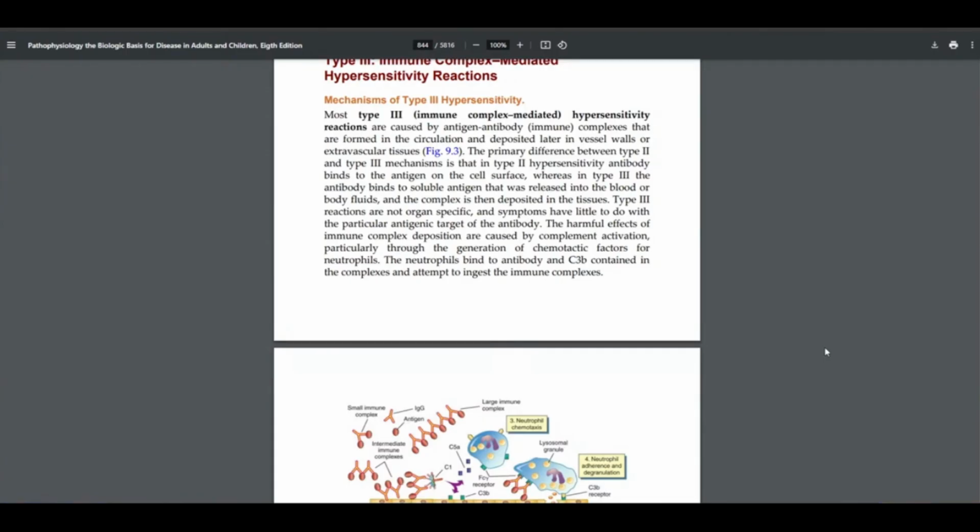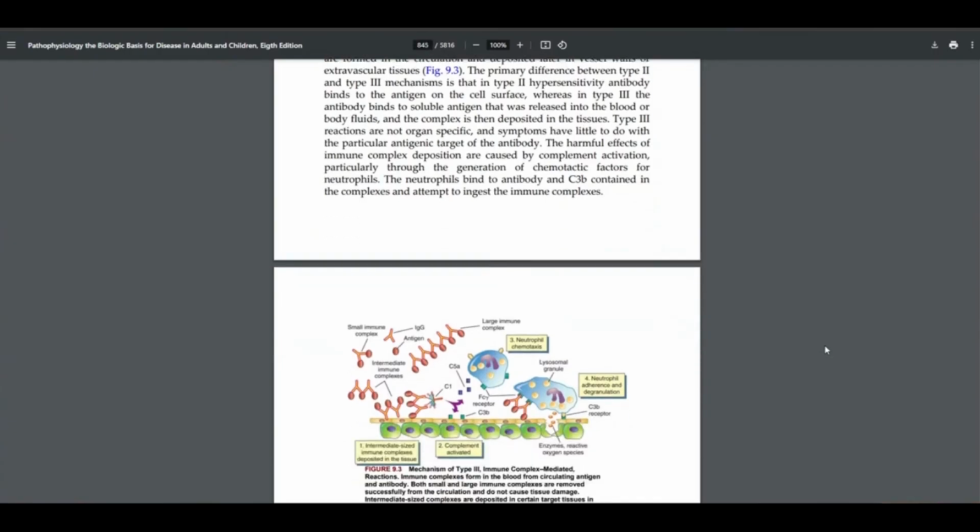Type 3 reactions are not organ-specific, and symptoms have little to do with the particular antigenic target of the antibody. The harmful effects of the immune complex deposition are caused by complement activation, particularly through the generation of chemotactic factors for neutrophils. The neutrophils bind to antibody and C3b contained in the complexes and attempt to ingest the immune complexes.